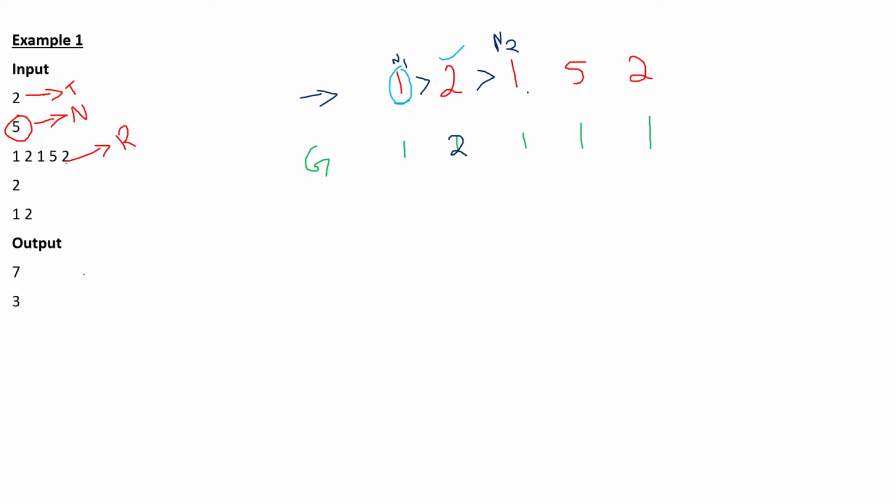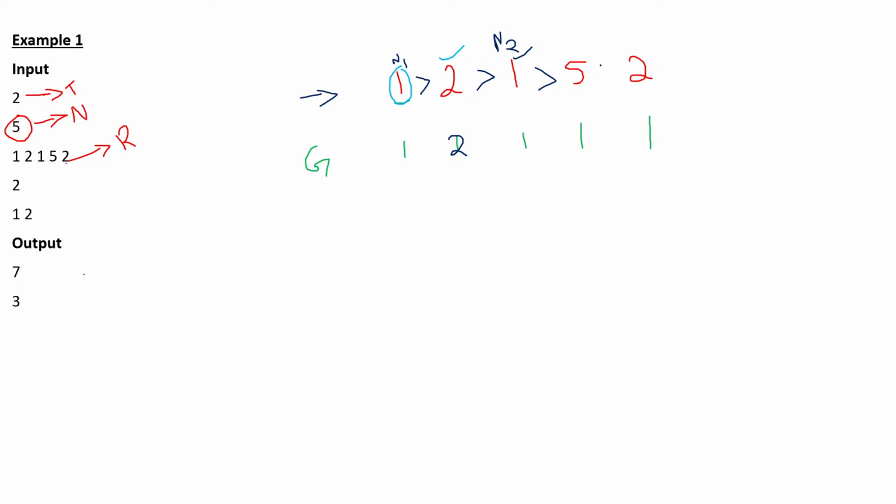Okay, now move forward. Now we will check the third employee. What is his rank? His rank is 1. Now check whether 1 is greater than 5 or not. The third employee we compare with the fourth employee. 1 is not greater than 5. That means we don't need to increment the number of gifts. Now check the next employee.